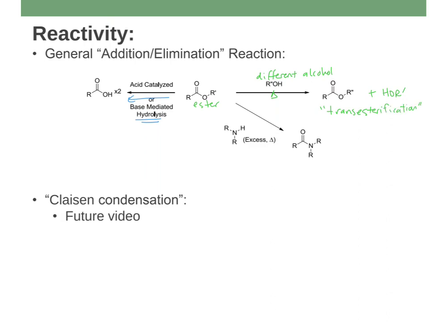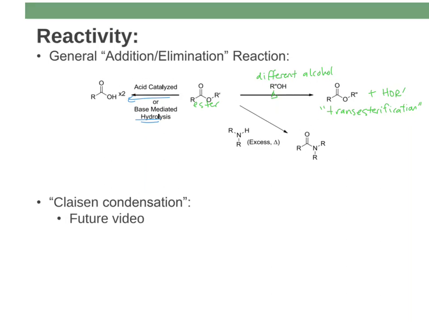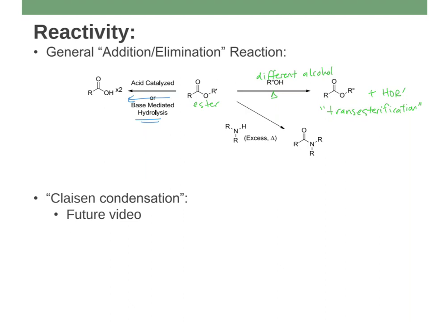And again, you just heat them up like crazy. An example of that would be something like this. Maybe you had a methyl ester and you decided that for whatever reason you really needed it to be a butyl ester.